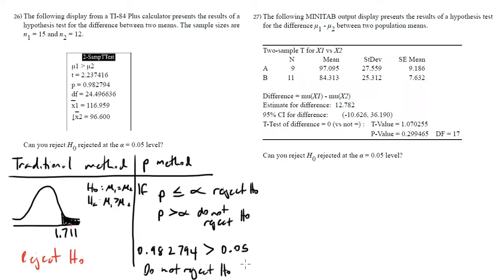Did I do something wrong here? P is definitely greater than alpha, so don't reject the null hypothesis. But here, degrees of freedom 24.49. Yeah, that's a little weird. You know that we get these degrees of freedom that aren't a whole number, right?